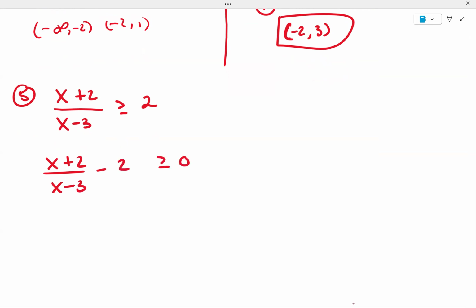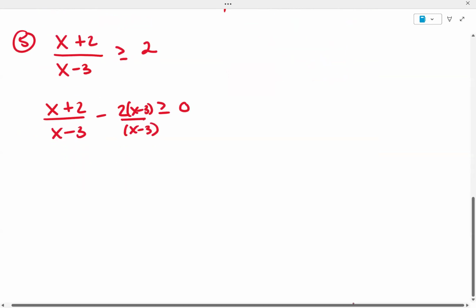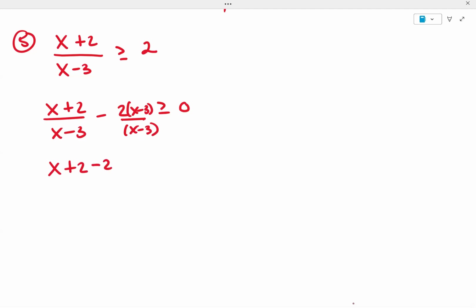But you've got to make one fraction, so I'm going to have to multiply top and bottom by x minus 3 to get a common denominator. The numerator will give me x plus 2 minus 2x plus 6 all over x minus 3.